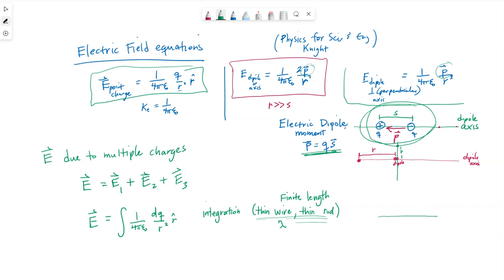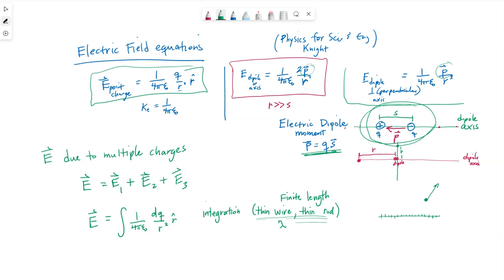So if you remember the quiz question where we had charge for a portion of the x-axis, and then we wanted the electric field at a point here, we knew we would end up with some sort of positive x and positive y component of the electric field.